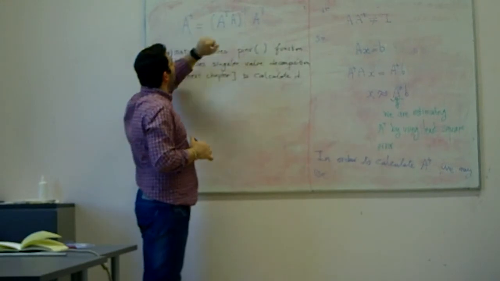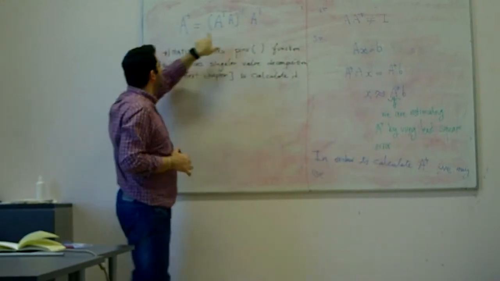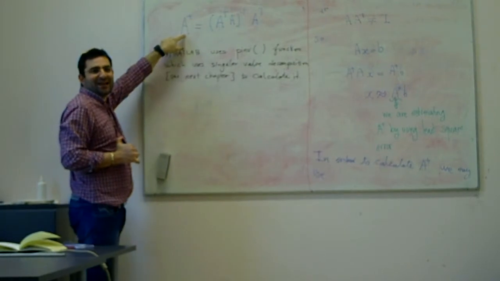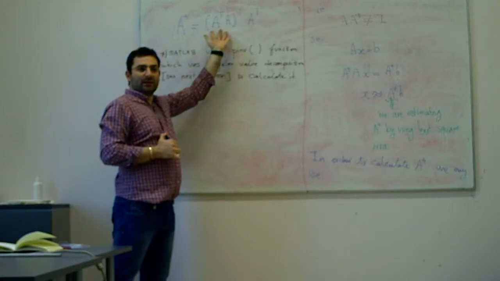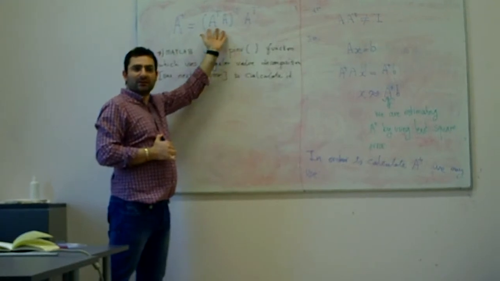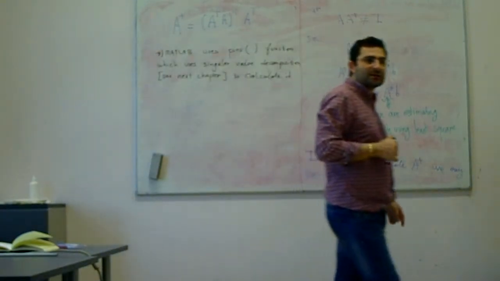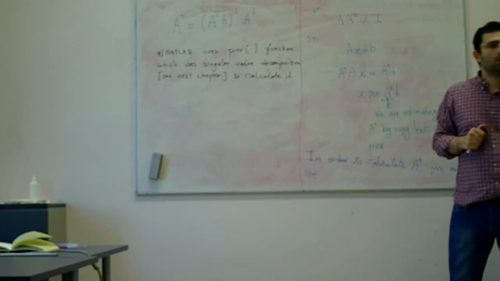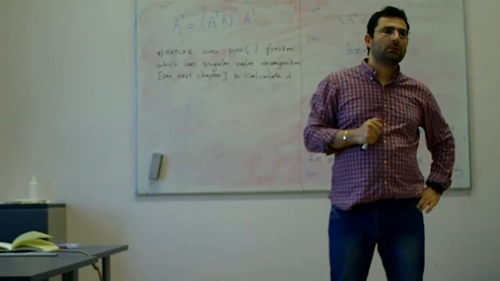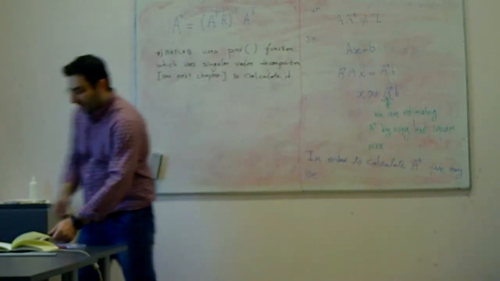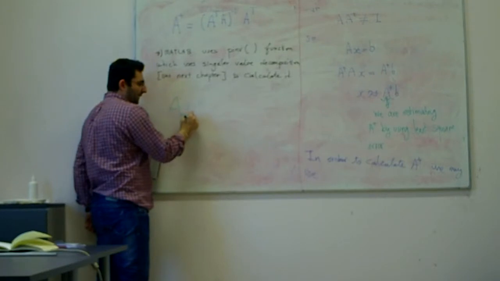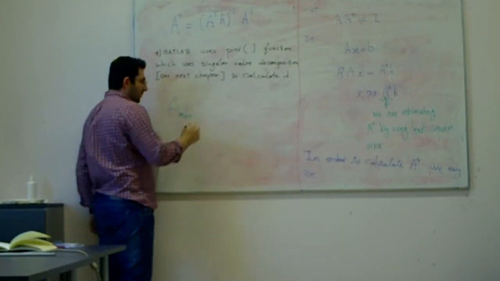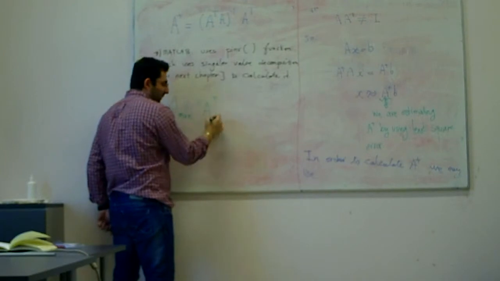I am calculating the pseudo-inverse, and I have the inverse here. We said we are calculating the pseudo-inverse because A is not a square matrix. What can we say about this? Is A transpose A a square matrix? Multiply by A transpose.